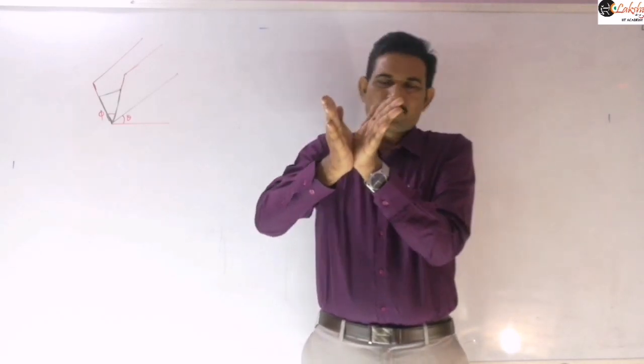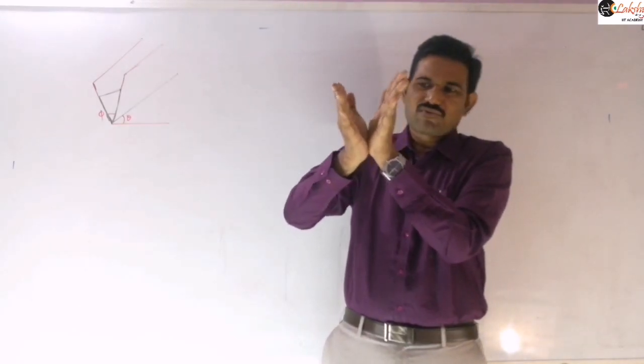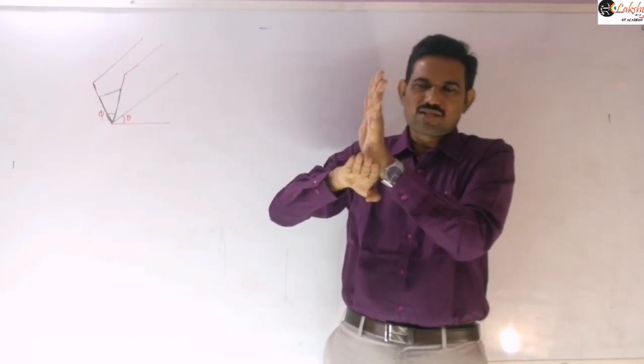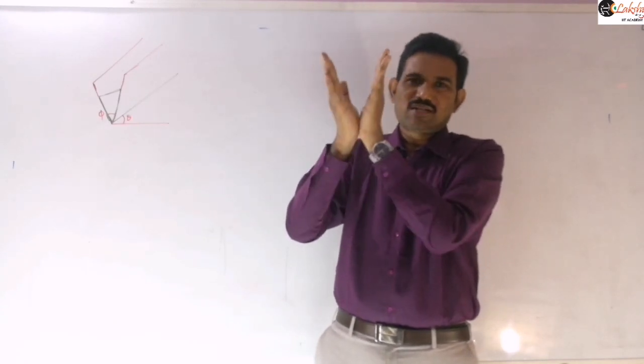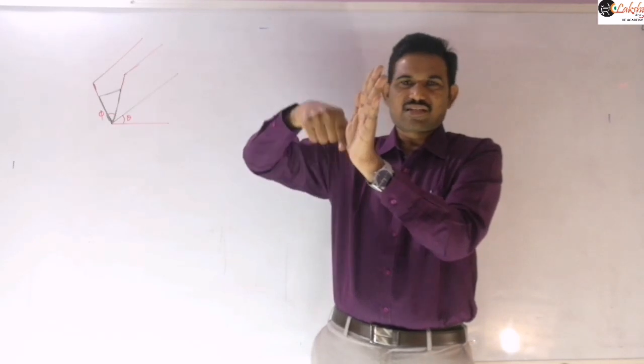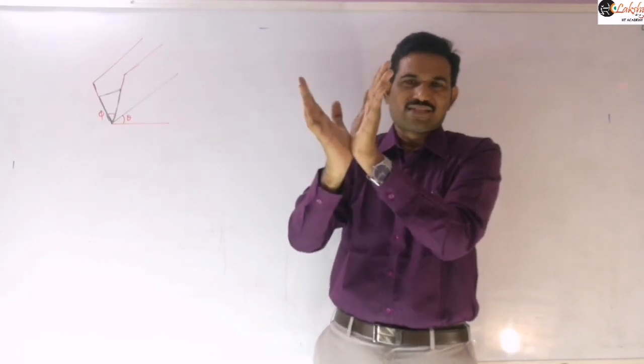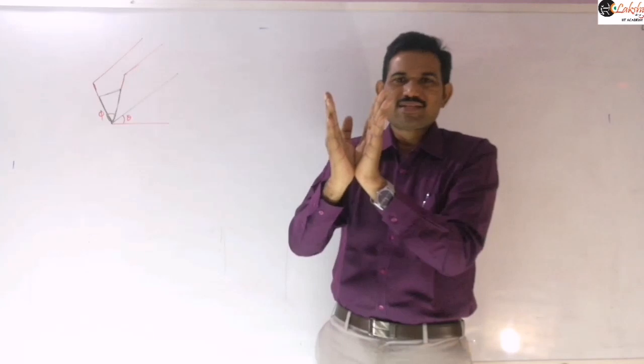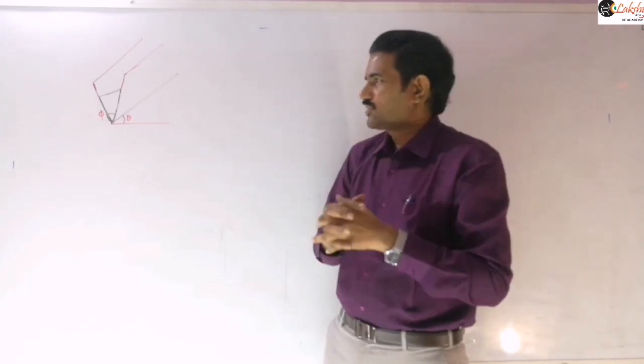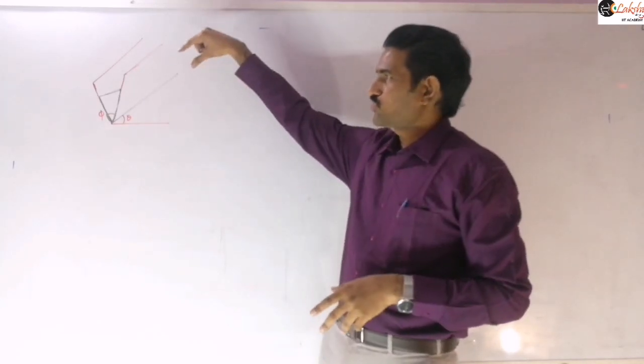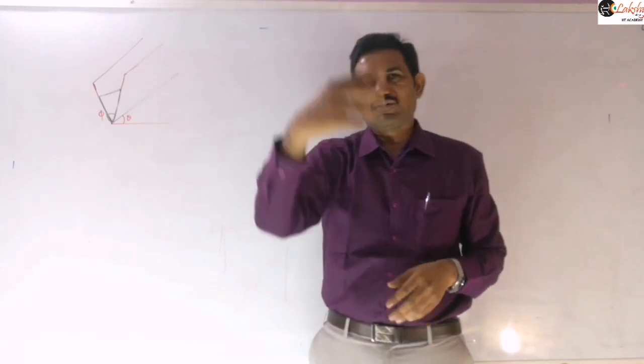These two surfaces are inclined with the horizontal. This total arrangement is inclined with the horizontal. That means the intersection of those two planes is making an angle of theta with the horizontal. Now on those two surfaces this block is sliding down.